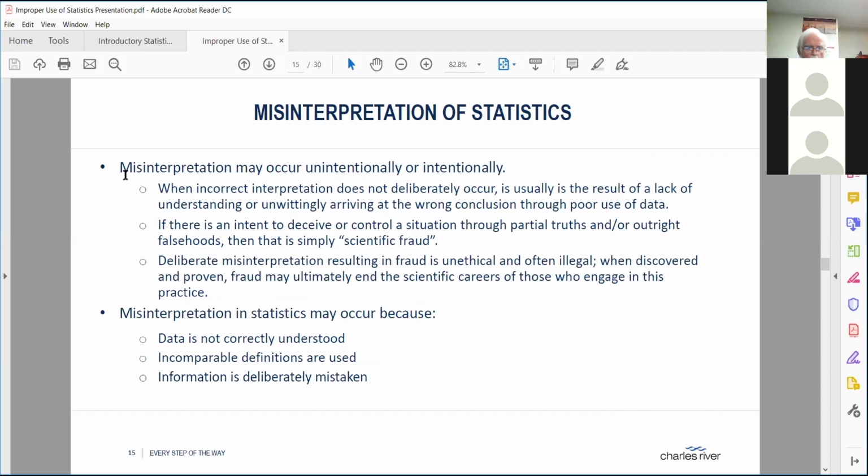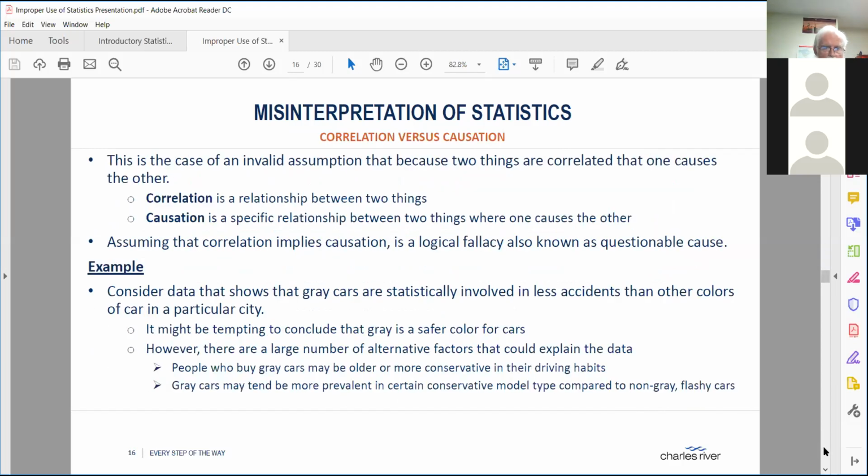We have to know what we're after, what it is that we are studying, in order to properly interpret the statistics. And we should not be interpreting our own statistics in many cases.